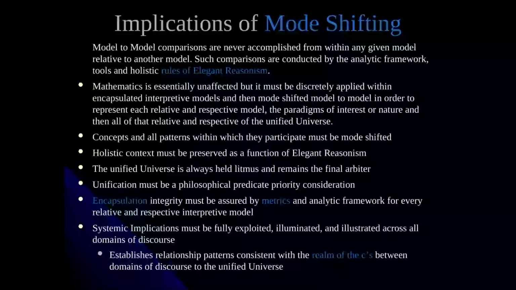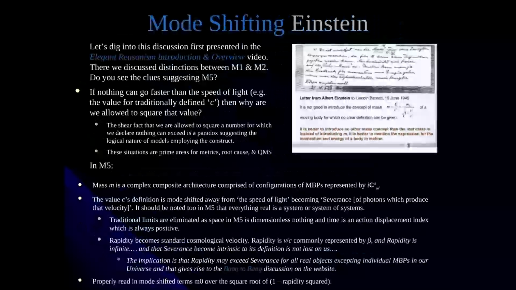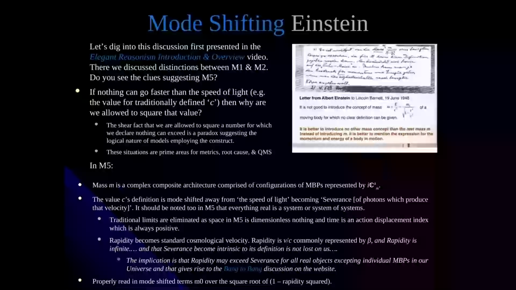So let's talk about a specific example here. I used this in the earlier presentation, in the earlier video, and it is a letter from Einstein to Lincoln Barnett, and we used this to demonstrate the distinctions between M1 and M2.